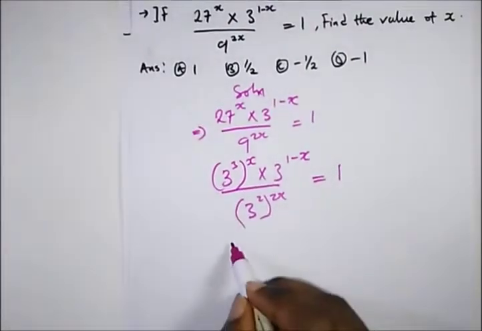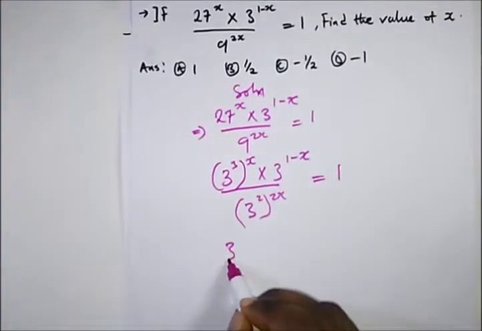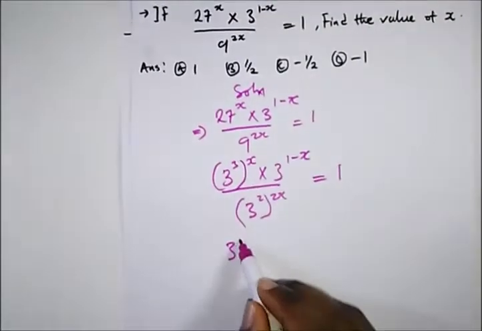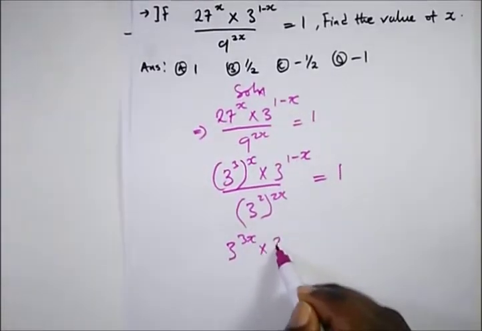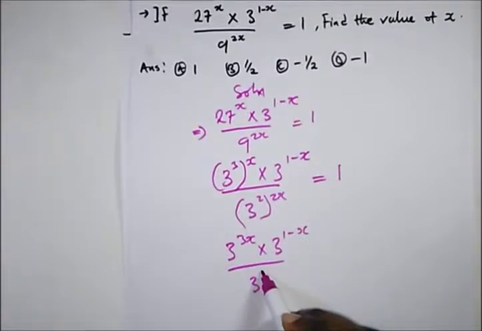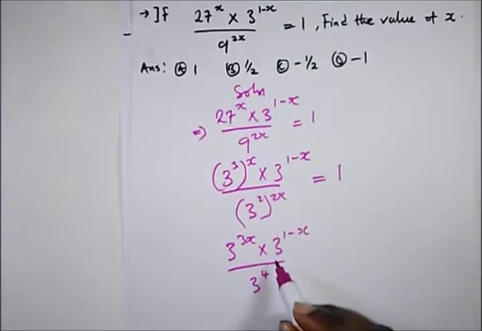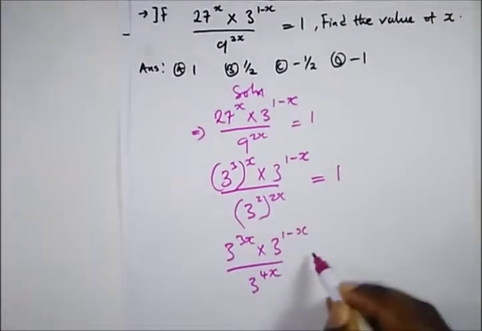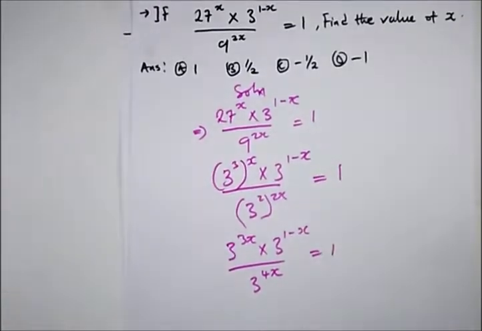So here we have 3 raised to the power 3x times 3 raised to the power 1 minus x over 3 raised to the power 4x equal to 1.